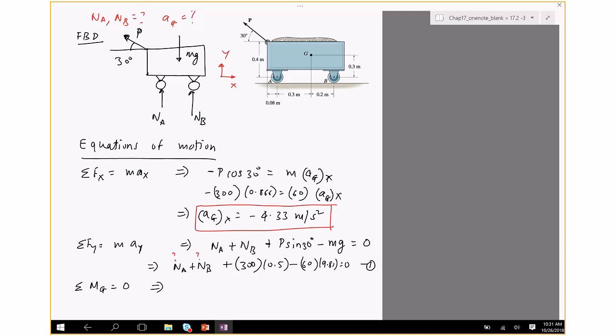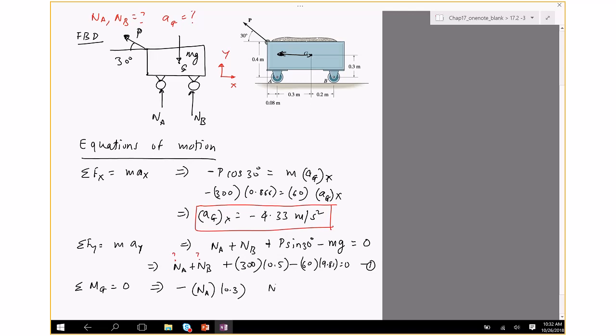NA is acting upwards. So if you hold the object about G, where G is this point, then it will cause a moment equal to NA times the horizontal distance, or in this case the perpendicular distance, from A to G, which is 0.3. The second thing is that if you hold the object at G and apply NA, it's going to create a clockwise torque, so negative.